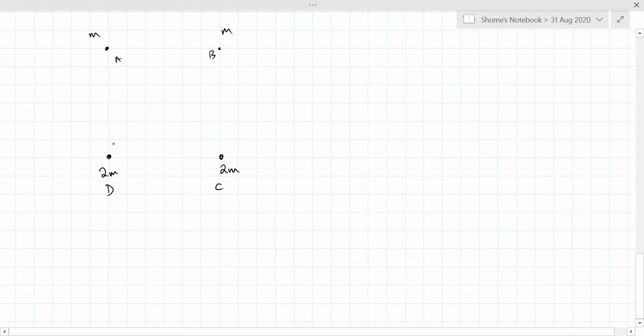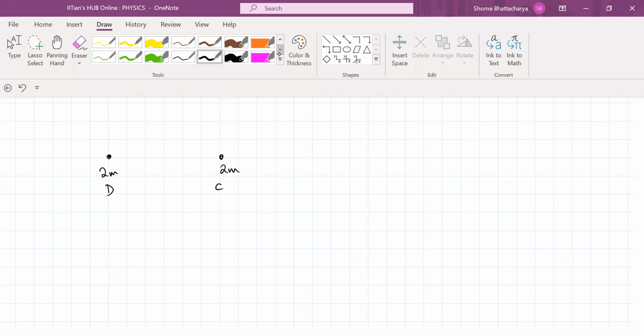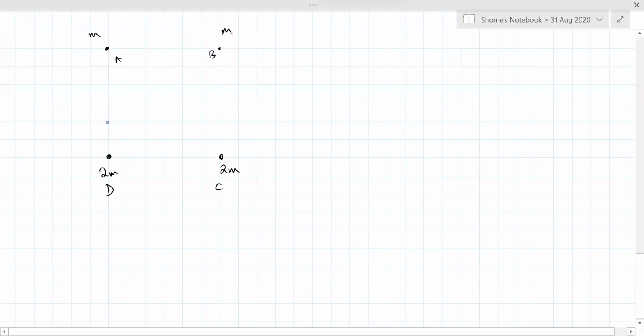So for example, for D, now you can see that E will be applying a force like this, C will be applying a force like this, and B will be applying a force in this sort of direction.